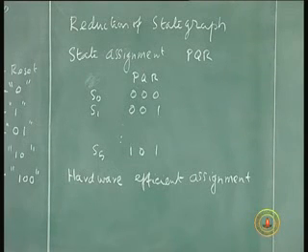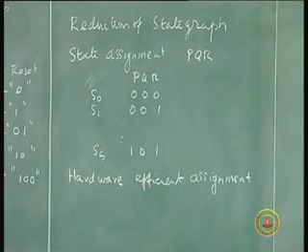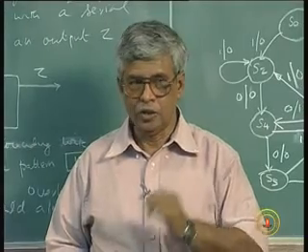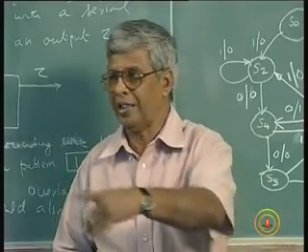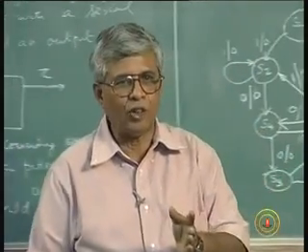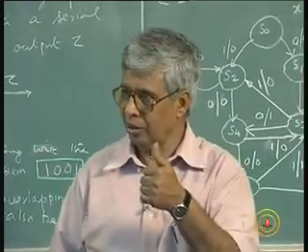This is called neighboring states, or whenever the state assignment of one state differs from another state in only one variable. These are called adjacent states. 0, 0, 0 and 0, 0, 1 are adjacent states, like in the Karnaugh map, right? In a Karnaugh map, adjacent cells differ in only one variable.